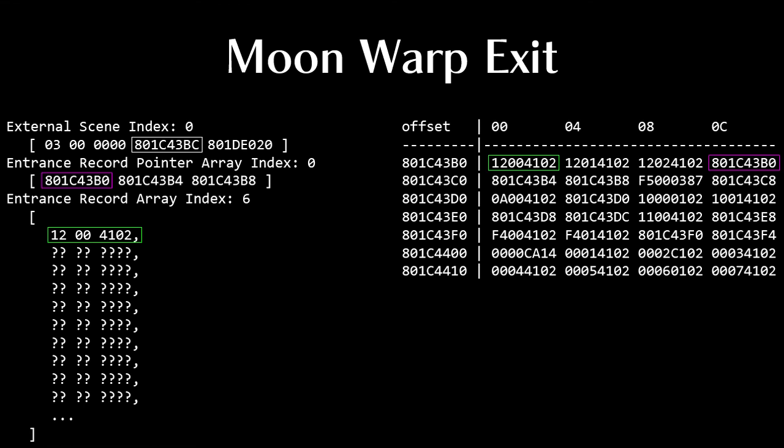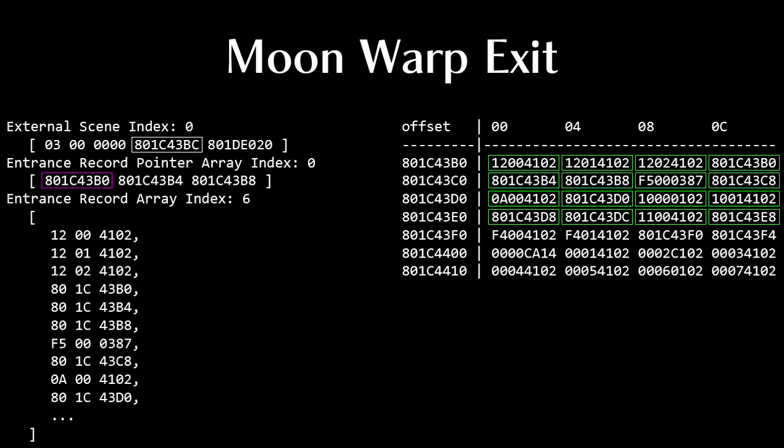Well, again, if you recall earlier, I mentioned that at most for the entrance record array index, it is possible to access 16 total indexes. The way this works is every 4 bytes is considered an entrance record, which are all of the following values I now have highlighted in the hex view. Looking back at the left, this means all the elements of the array become what you see here now. Now the exit value is set to use index 6 here, so let's take a look at it.